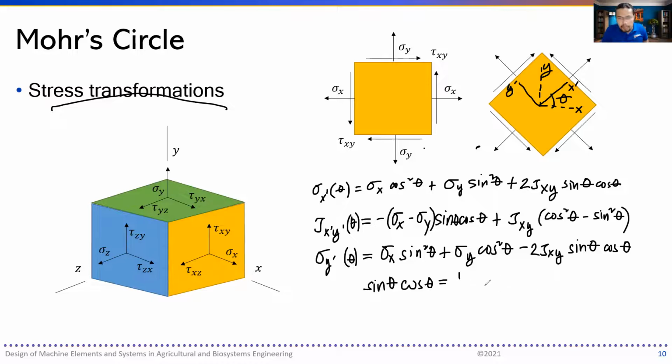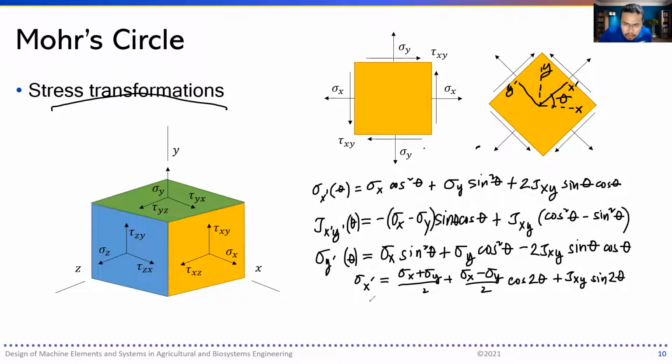These are trigonometric properties which can now be used to simplify this formula, and we get the following. Sigma x prime is sigma x plus sigma y over 2, plus sigma x minus sigma y over 2 times cosine 2 theta, plus the shear times sine 2 theta.